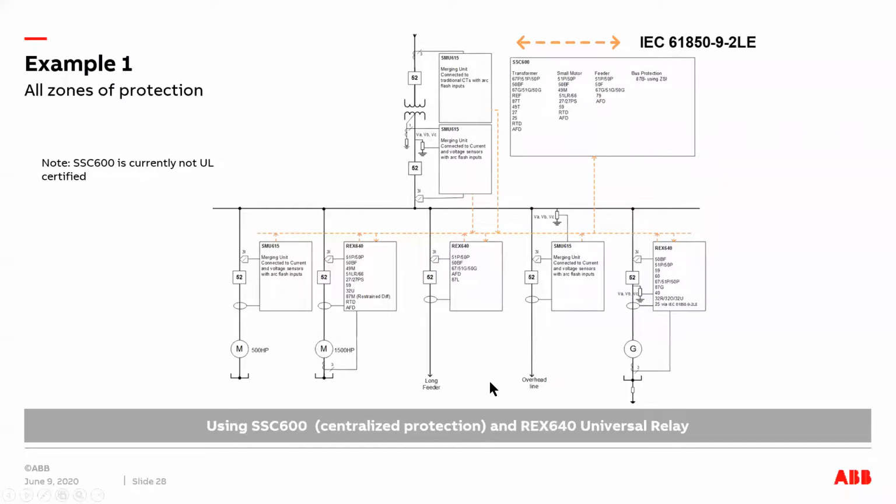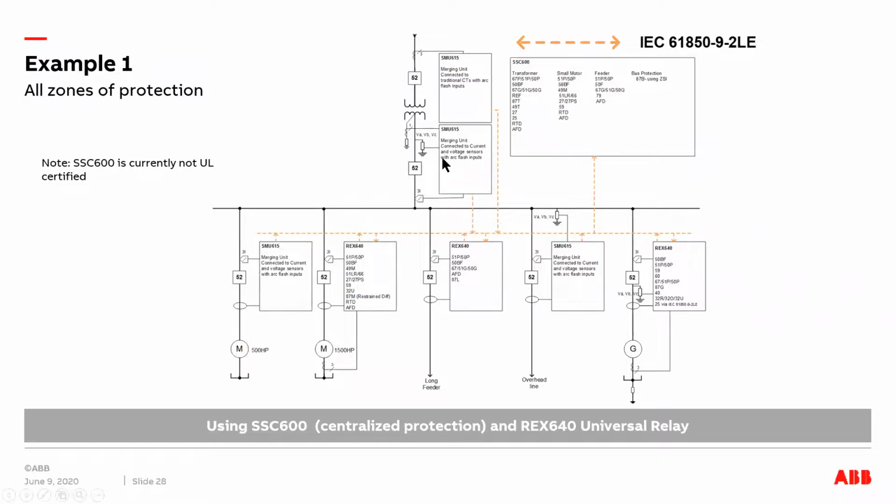Another possibility is by using an SSE600. SSE600, as we said earlier, is a smart substation control, or a centralized protection, where you can have all the protections in one place. So you can have the transformer, the small motor, the feeder, and the bus protection in the device.